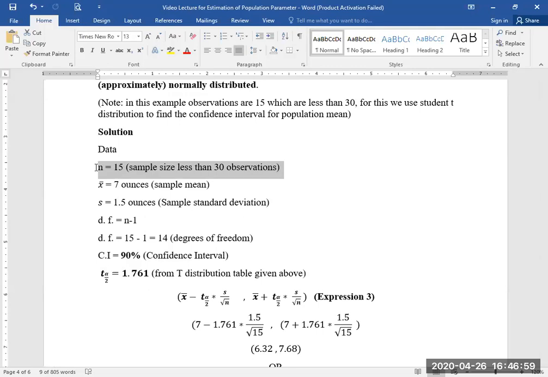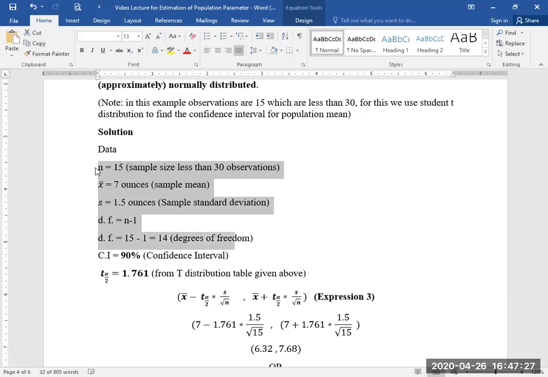n is equal to 15, which was the sample observations. X bar is the sample mean, which is 7 ounces. s is the standard deviation, which is 1.5. Students, because it is a student t distribution, the parameter of the t distribution is the degree of freedom, which is simply n minus 1, meaning 15 minus 1.